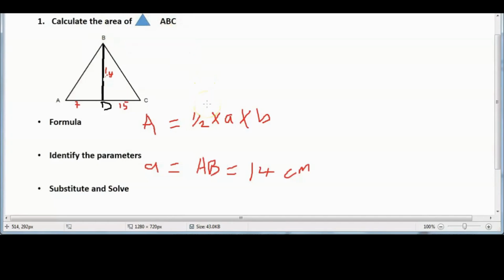Then B is equals to BC, I beg your pardon, AD plus DC.